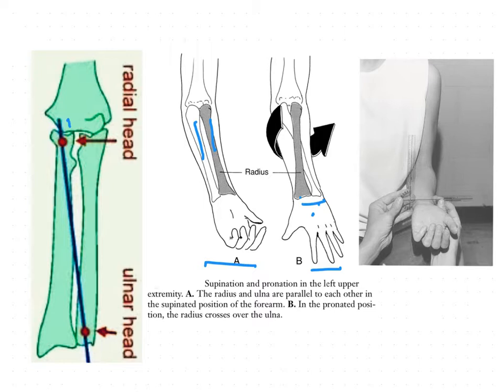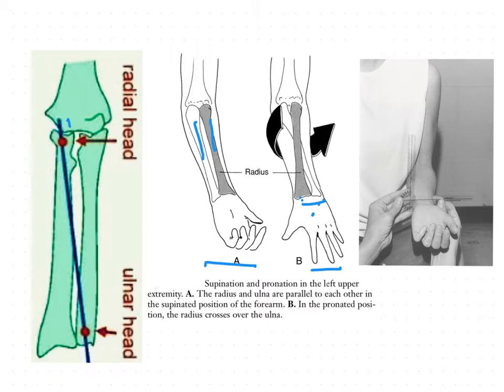It has to come to pronation. What will happen? Here the head is sliding from the dorsal lip of the ulnar notch in pronation. So here it is sliding, and the radial head is coming upwards in pronation.